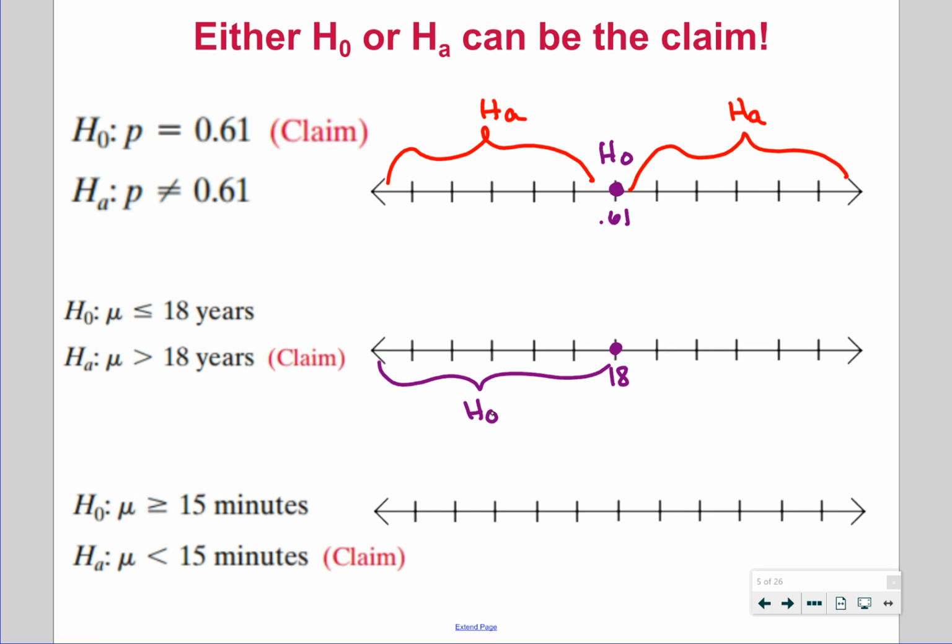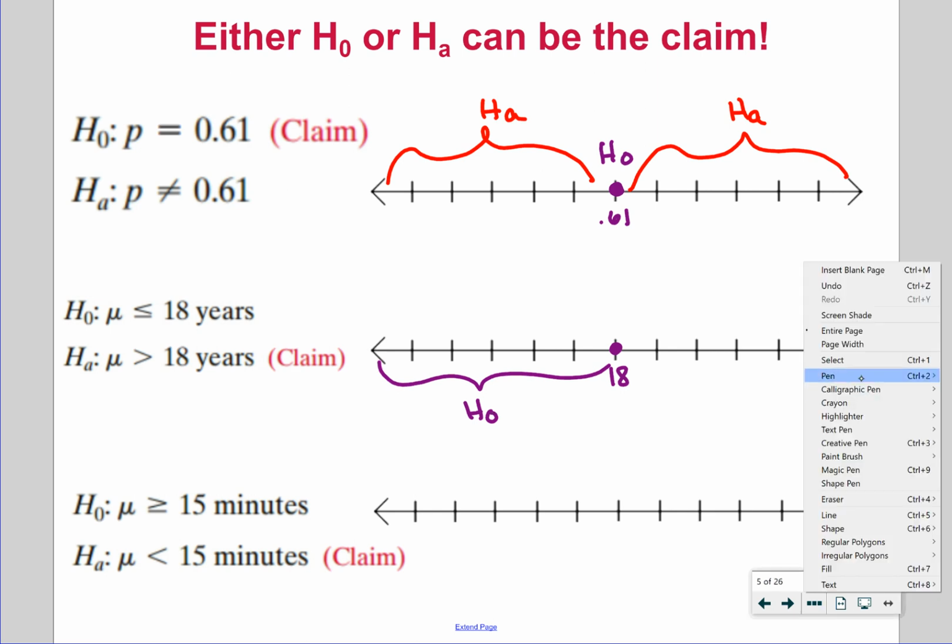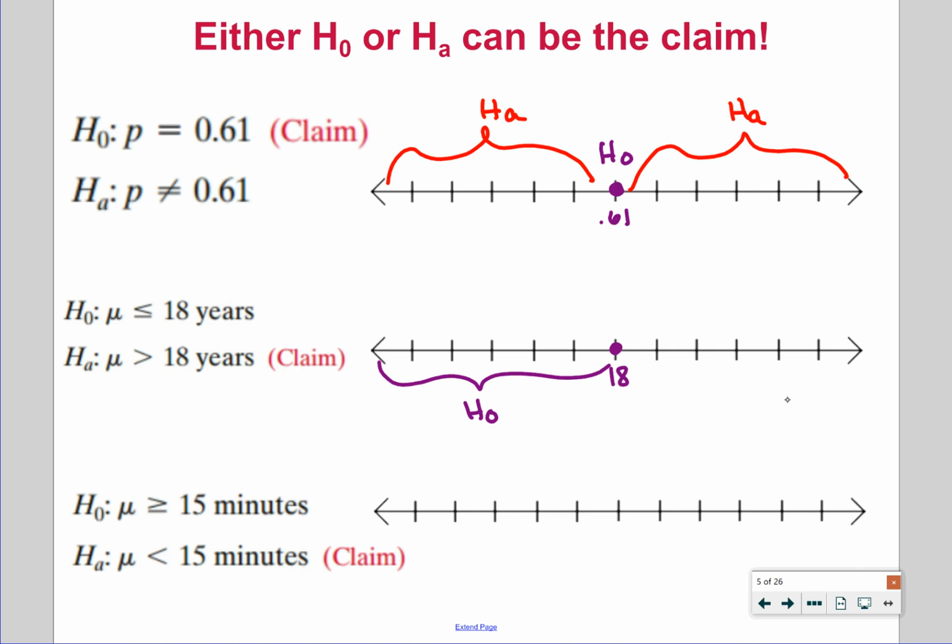The claim is that the population mean is greater than 18 years. That's my alternative hypothesis. So I'm going to graph these. I'm going to put an open circle there so you can see the difference. It's greater than, but not including 18, is where the alternative hypothesis is located.